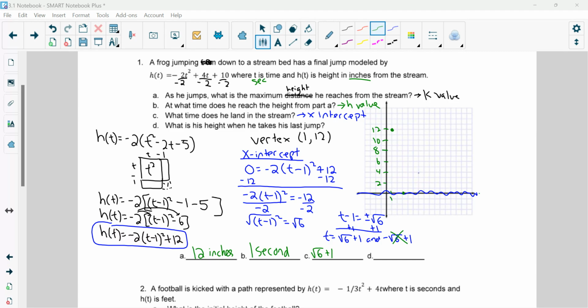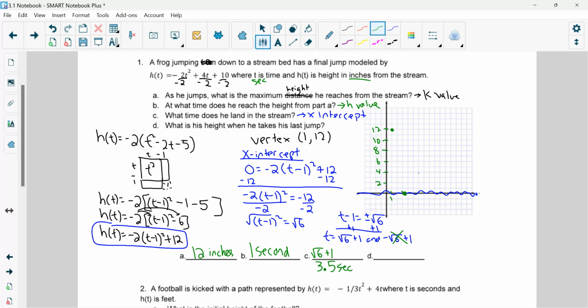Anyone out there? I just want the decimal version. Let's type square root of 6. Yeah, 3.45, 3.5. Yep. So about 3.5 seconds in, it would hit the ground.